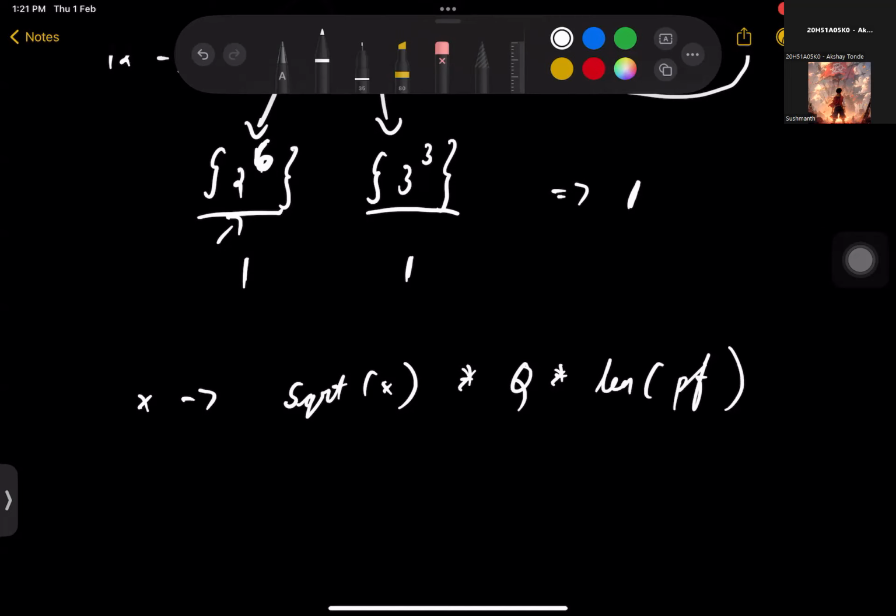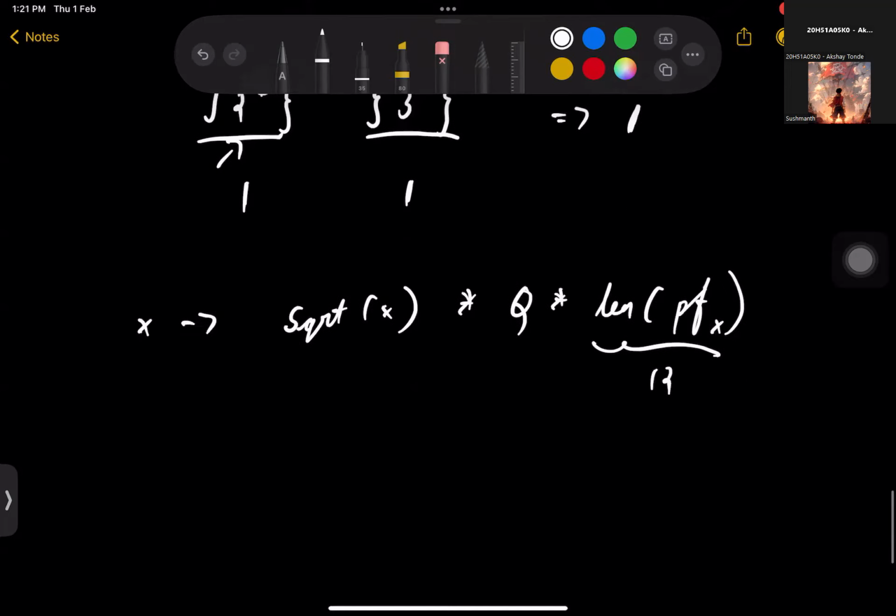And this won't be more than 12. To analyze this, just multiply the first 12 prime factors. That value will be more than 10 power 9, so that is why it can't be more than that.